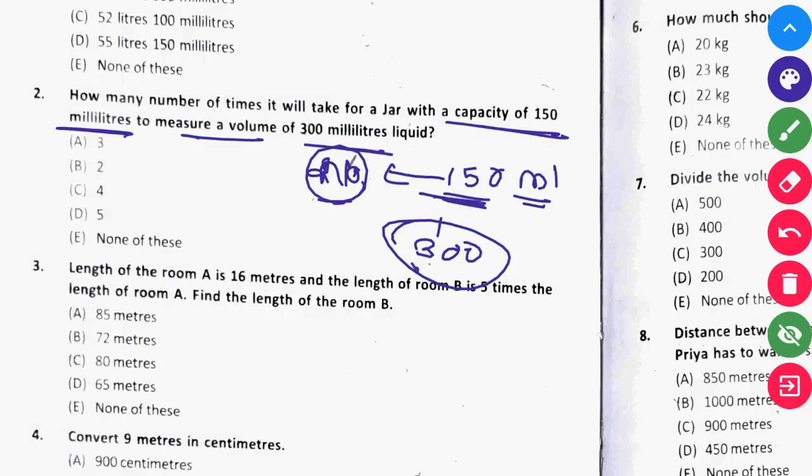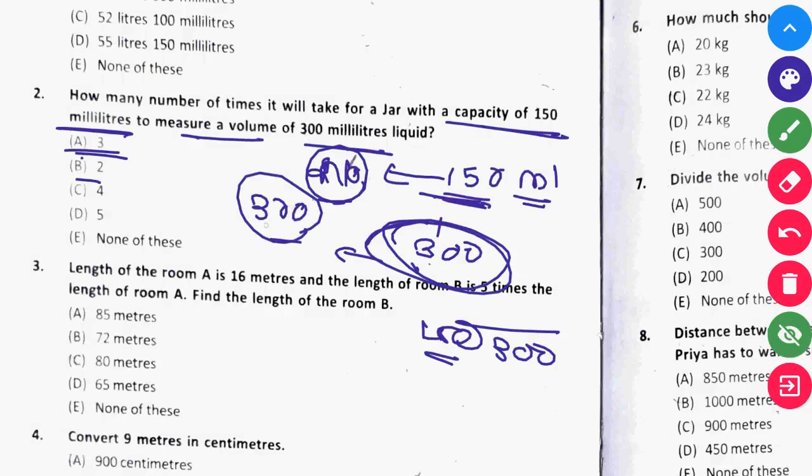There are two methods. You just divide 300 by 150, or you multiply from the given options. Multiply 150 with 3 first. If there is an answer which is 300, then this is your answer. If not, then go ahead. Now multiply with 2. 15 twos are 30, and this 0, 300. Yes. So if we fill that jar 2 times, then 300 ml liquid will be measured.